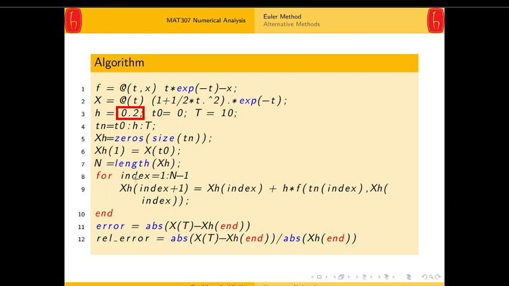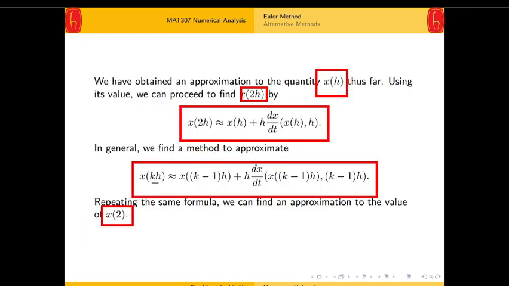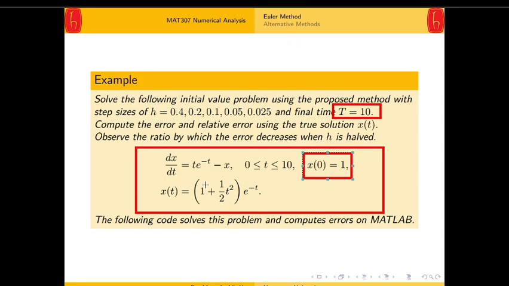Okay, and then we start our loop with index starting from 1 and going all the way up to n minus 1, and this index will be like the k we used here. So here the k value will be here, so k times h will correspond to index times h in this particular case.